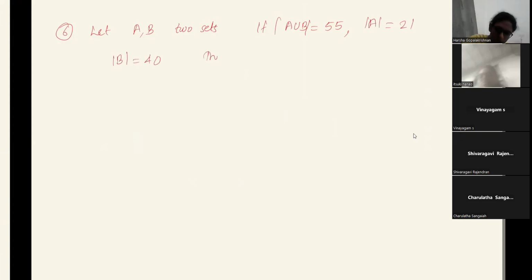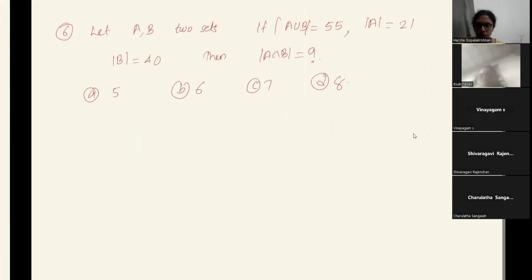Now the next question is, let A and B be two sets. If the cardinality of A union B equals 55, the cardinality of A equals 21, and the cardinality of B equals 40, then the question is the cardinality of A intersection B. So the options are 5, 6, 7, and 8.